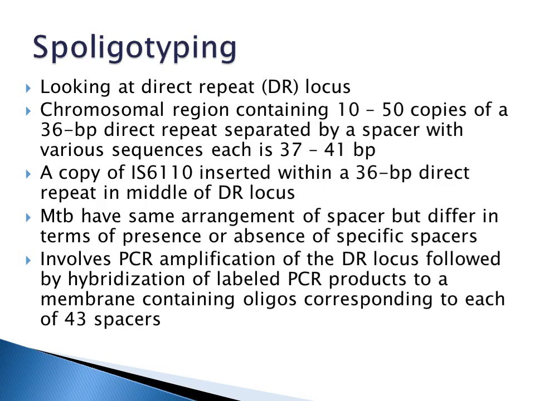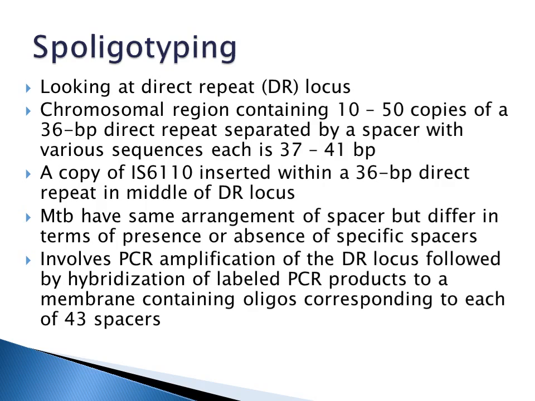Spoligotyping is looking at the direct repeat locus or DR locus, and this is a chromosomal region containing 10 to 50 copies of a 35 or 36 base pair direct repeat separated by a spacer with various sequences, and each is between 37 and 41 base pairs. The insertion sequence 6110, a copy of that is inserted within the 36 base pair direct repeat in the middle of the DR locus.